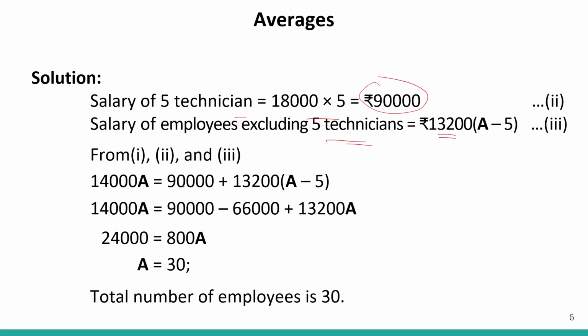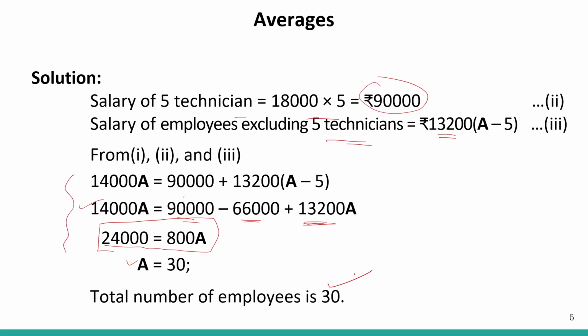From these 3 equations, by solving them simultaneously, we get 24,000 is equal to 800 a, so a is equal to 30. Here 14,000 a, 90,000, and 66,000 because 13,200 into 5 is 66,000.